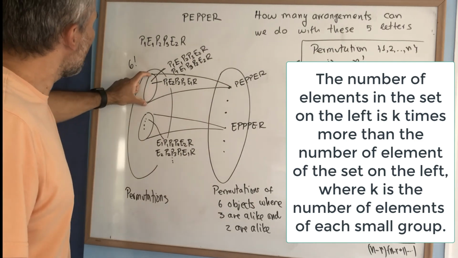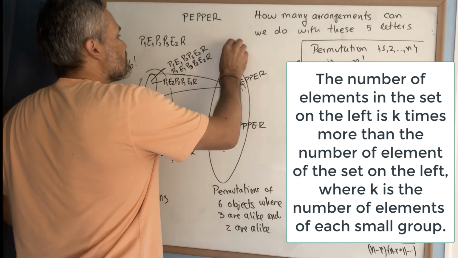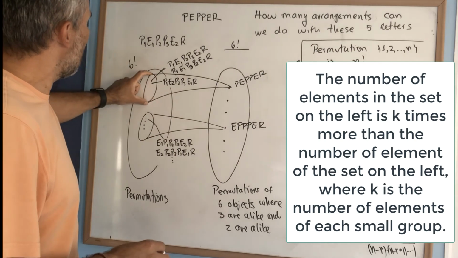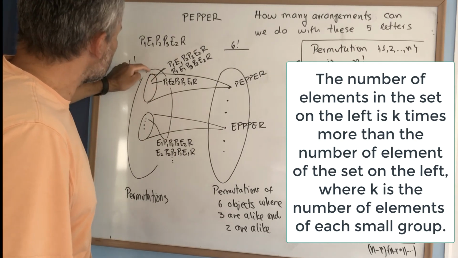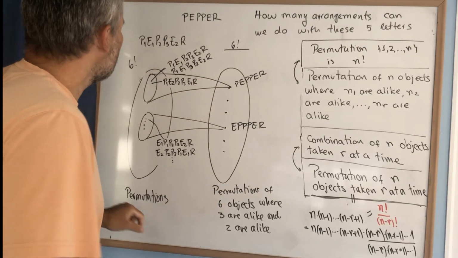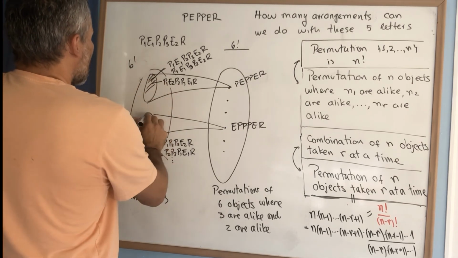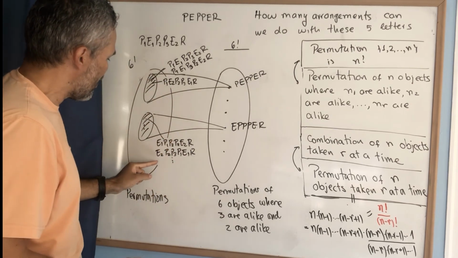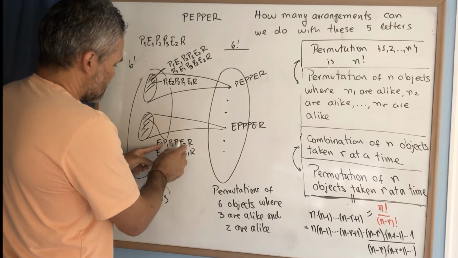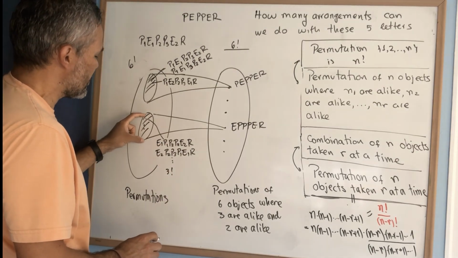And we just need to know the length of this group, because this number here is going to be 6 factorial over the length of this group. If this small group is K, then there are K times more elements here than there. But then to find out the length of these groups, we just need to find out the number of permutations of 3 objects. Then we have 3 factorial. Here we are using the basic counting principle.